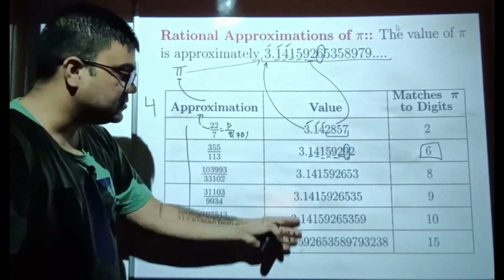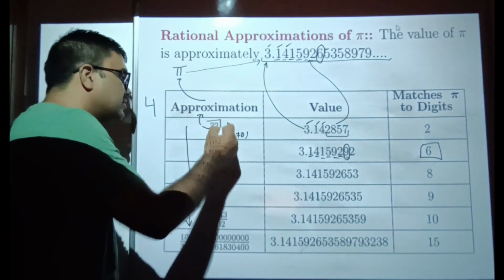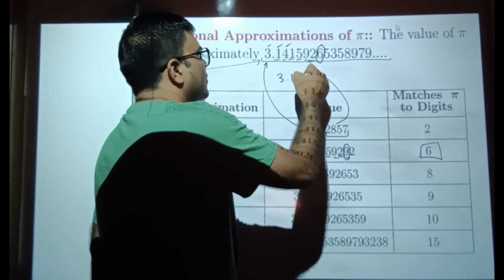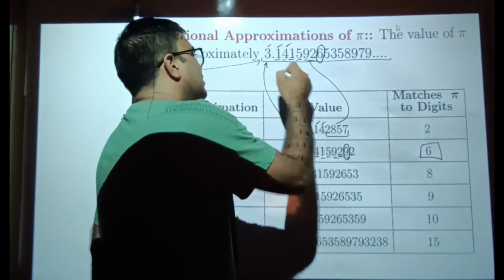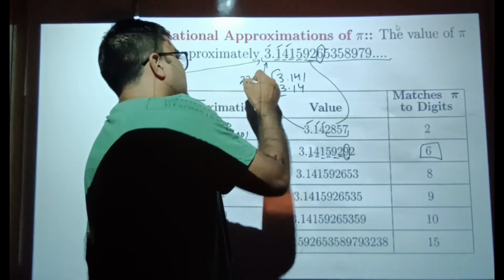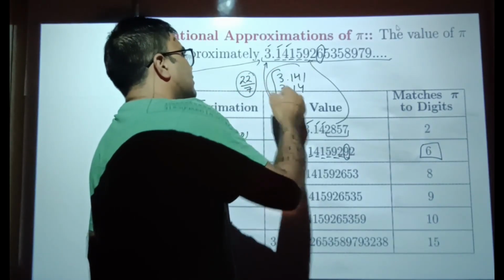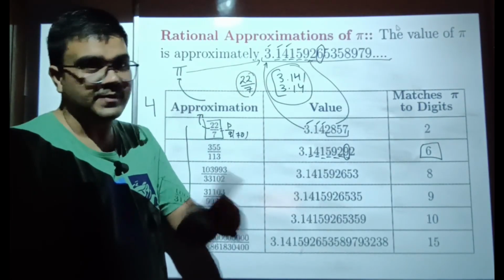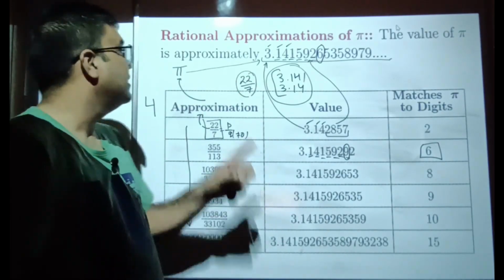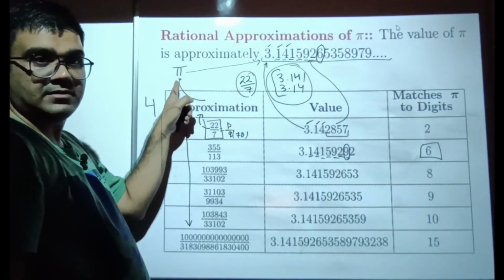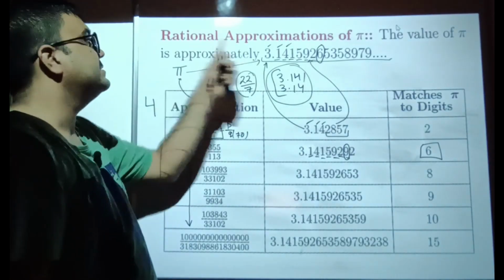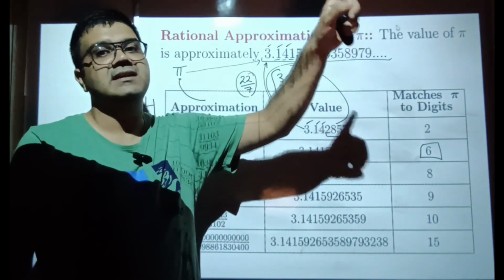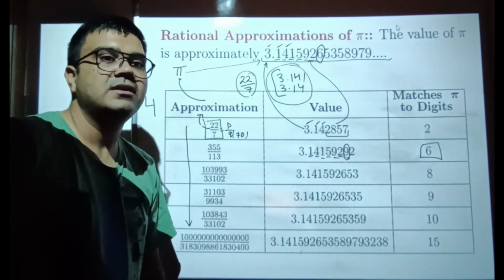Generally we use the value 22 by 7, or we can use the value 3.141 or 3.14. Depending upon the situation, you can use an approximate value of pi. But these are just rational approximations of pi. These are not the values of pi. Pi itself is a number written in this form, and its decimal representation is an infinite decimal representation that is non-terminating and non-repeating.